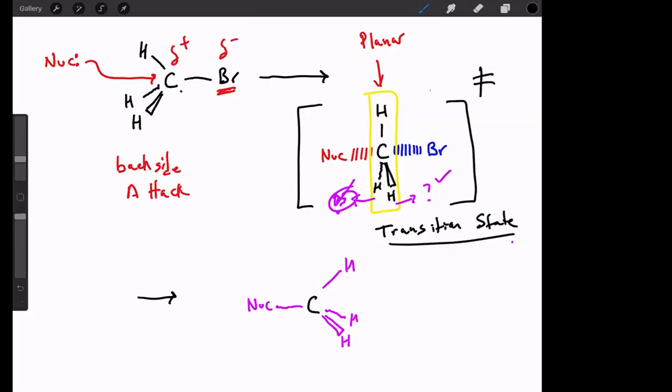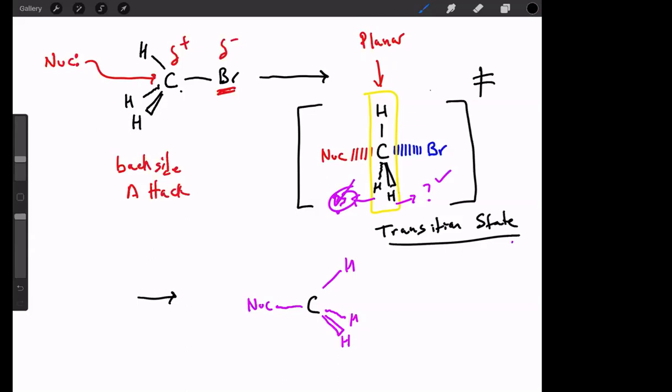And so one of the skills that you're going to have from the perspective of SN2 reactions is drawing pictures of this transition state. And so remember, the transition state will involve partial bonds.